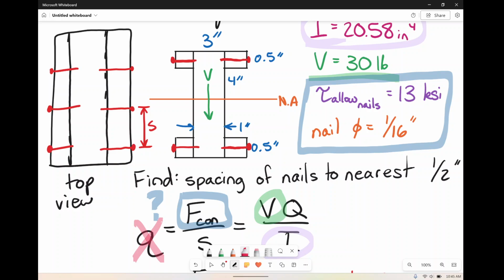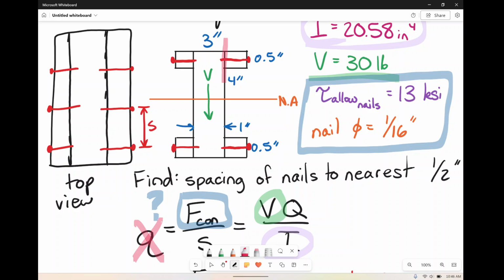But since we're talking about connectors and shear flow, we have to change our mindset about where we're looking. We're technically looking at the plane connecting the two members. So if you were going to find maximum transverse shear, you'd be taking it along that plane.